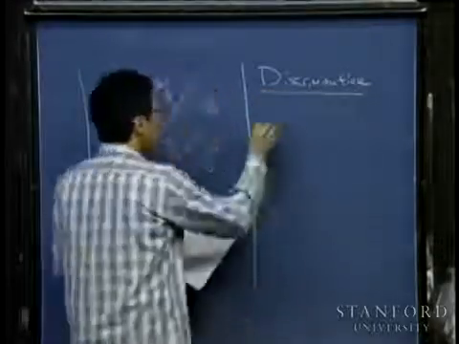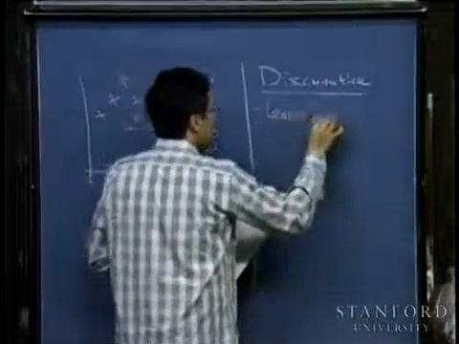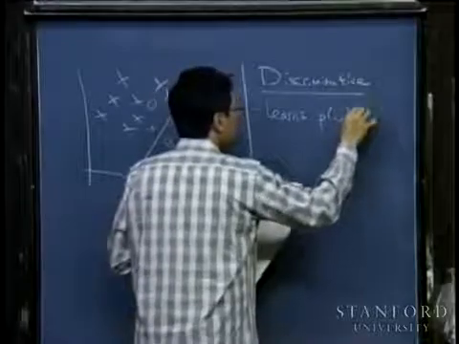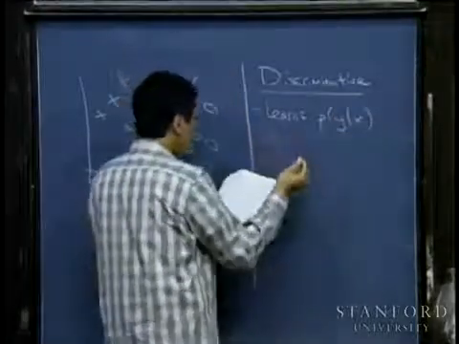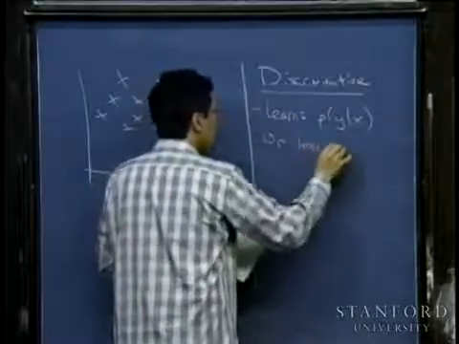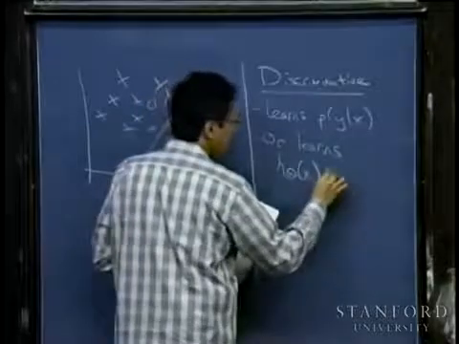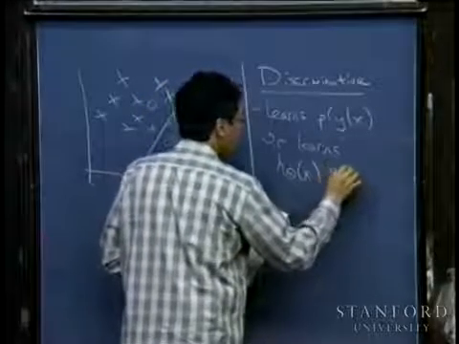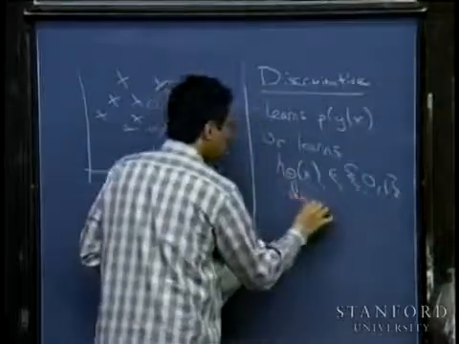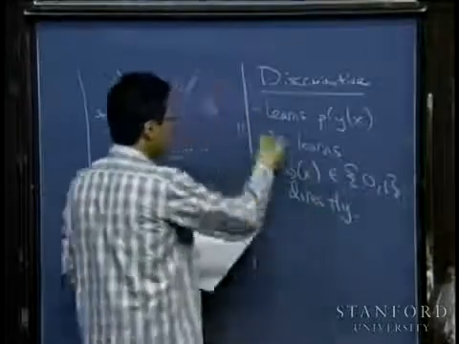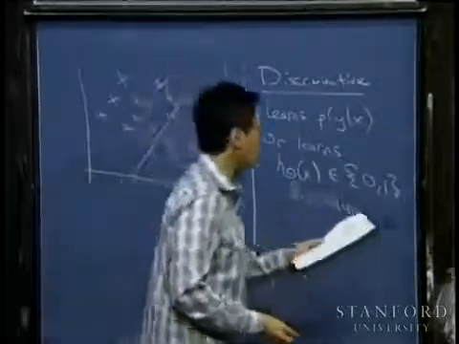And slightly more formally, a discriminative learning algorithm is one that either learns P of y given x directly, or learns a hypothesis that outputs values 0, 1 directly. So logistic regression is an example of a discriminative learning algorithm.